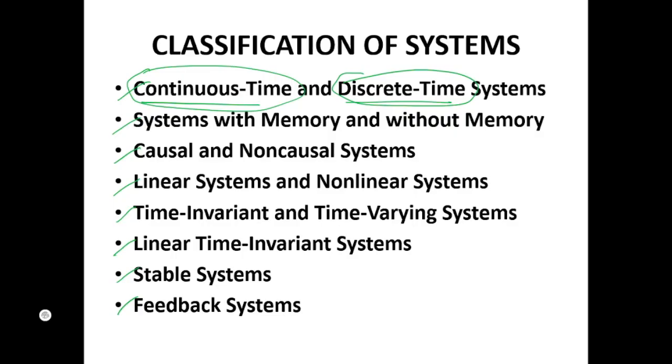So what is the definition? The definition is that it will have an infinite number of amplitudes. And since it has an infinite number of amplitudes, depending upon the nature, whether it is continuous time or discrete time, you can use the analog signal either in the continuous time system or in the discrete time system. And what about the digital systems, digital signals?